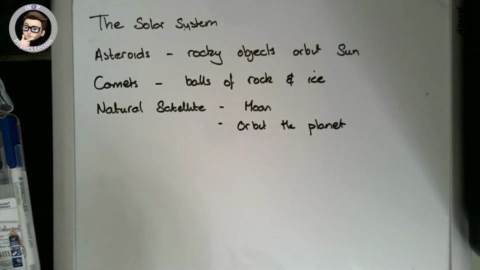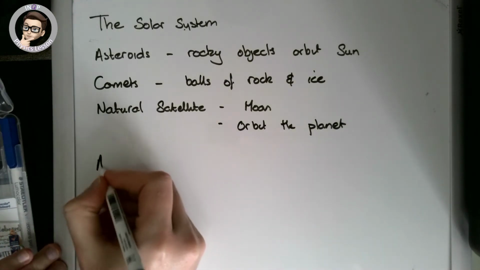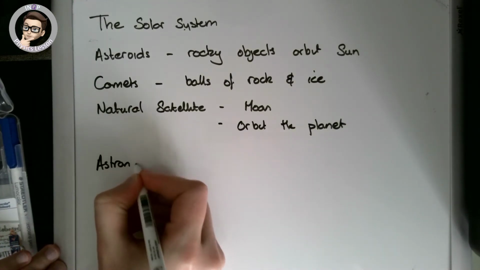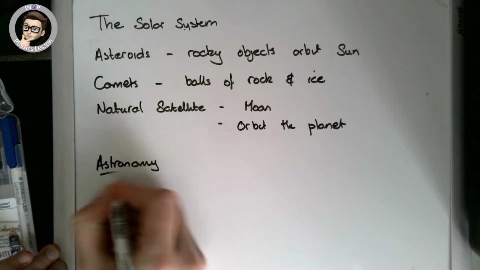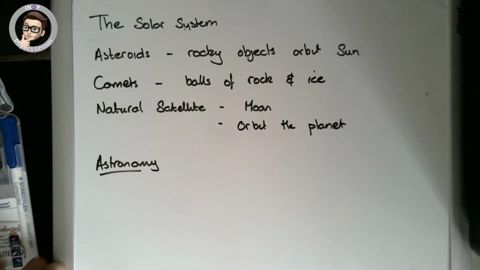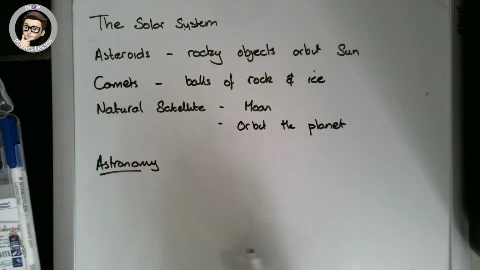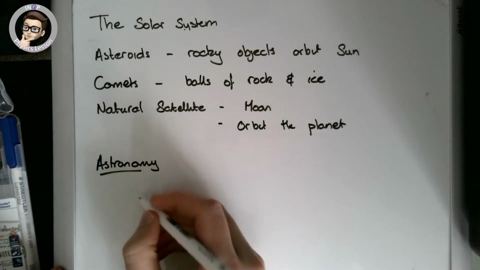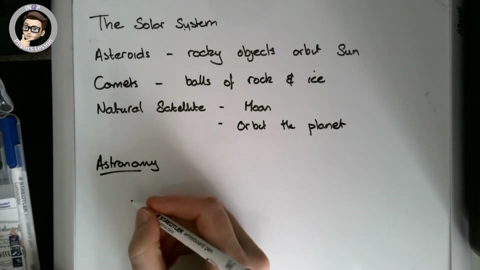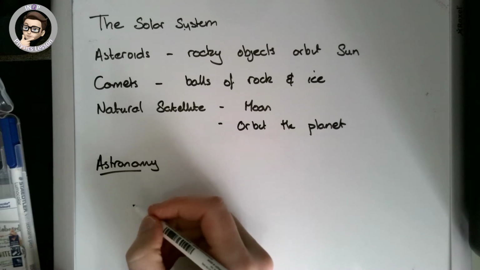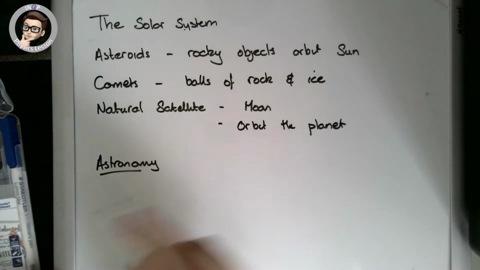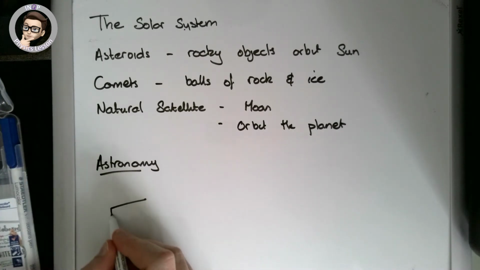Okay, so the last little bit we've got to talk about is astronomy. And we have changed our methods over time. In the past, we had scientists who would take photographs. In fact, before that, we would just have people's observations.